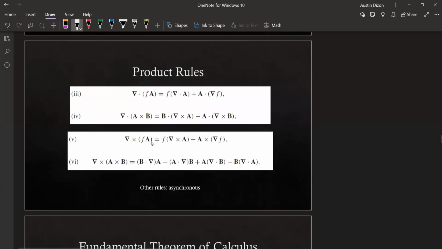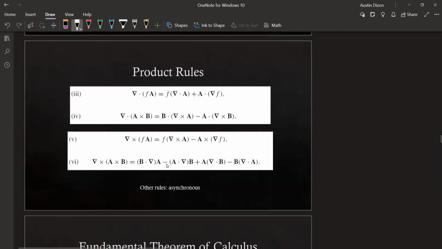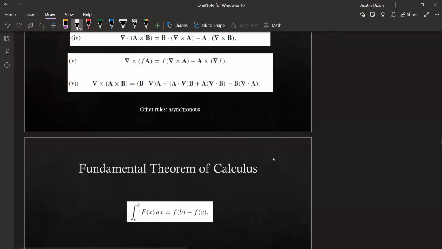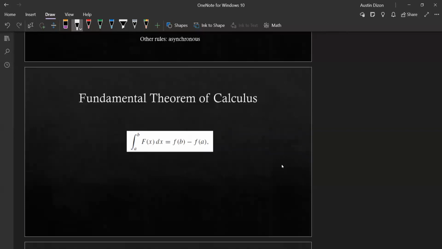Ang point lang naman nito is kapag nabigyan kayo ng something, lagi kayong titingin sa mga product rules nyo. So along sa chapter 2, chapter 3, chapter 4, and so on and so forth, makaka-encounter kayo ng maraming problems. And kapag naguguluhan kayo, babalik kayo sa chapter 1, which is this one, and tignan nyo yung product rules nyo. Okay? Tuloy tayo.